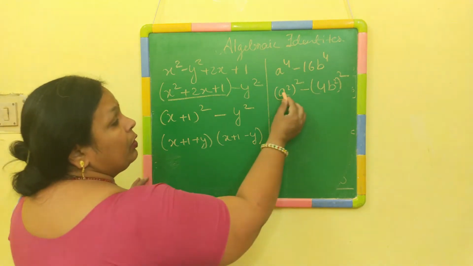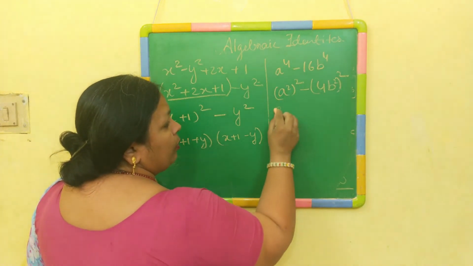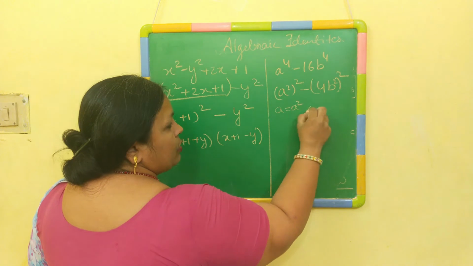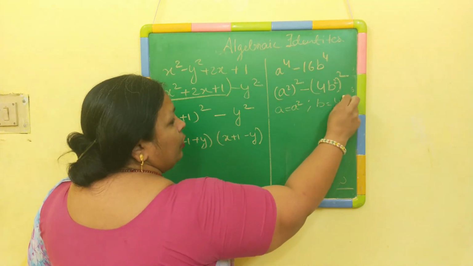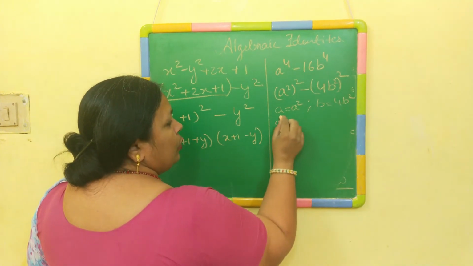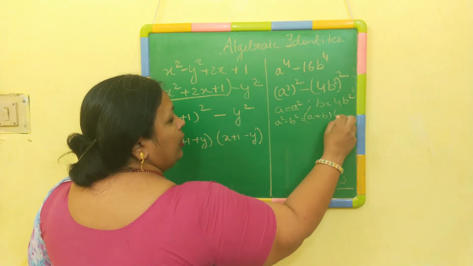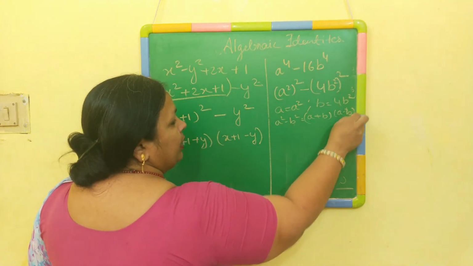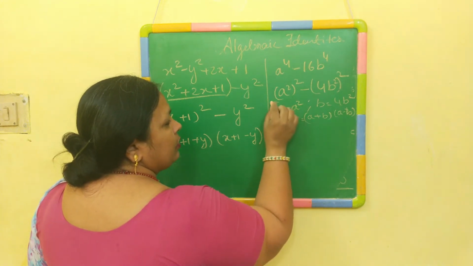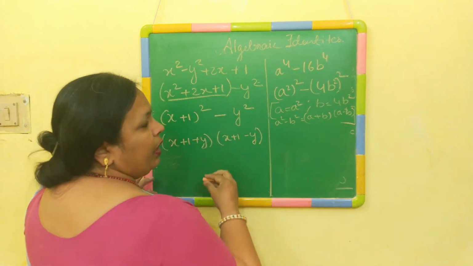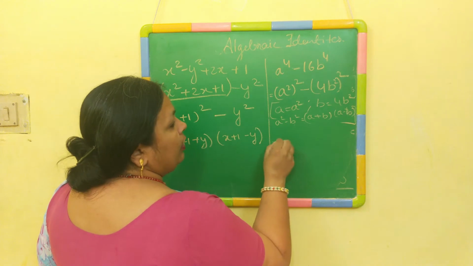This is in the form of a square minus b square, where a is a square and b is 4b square. So a square minus b square was nothing but (a plus b) into (a minus b). This part we know, so we will be practically using it.